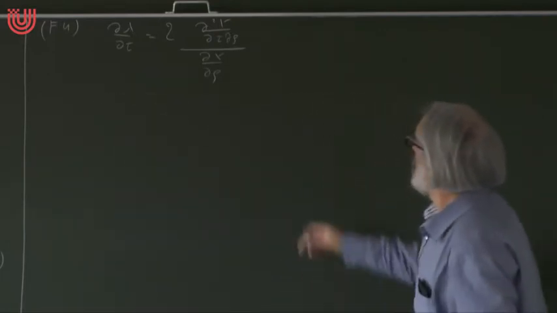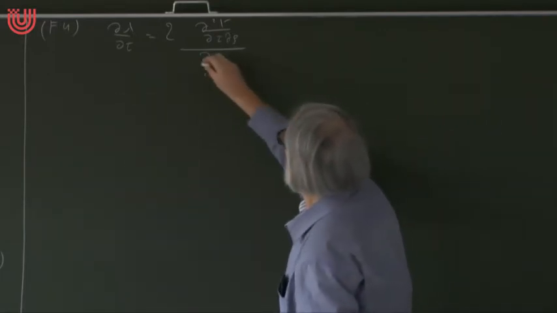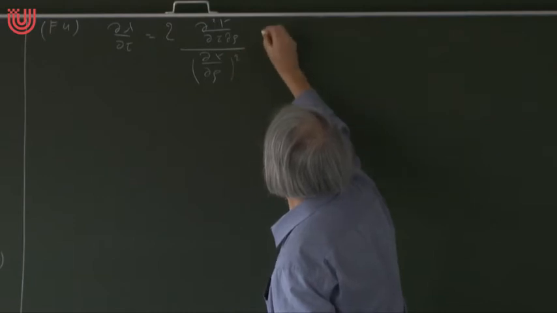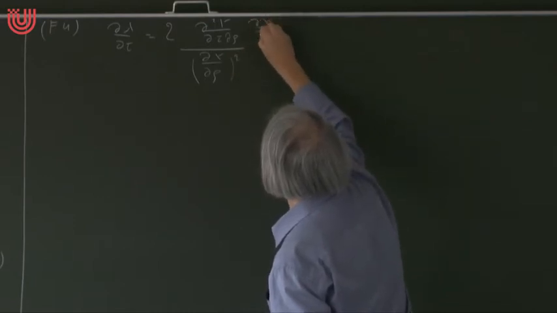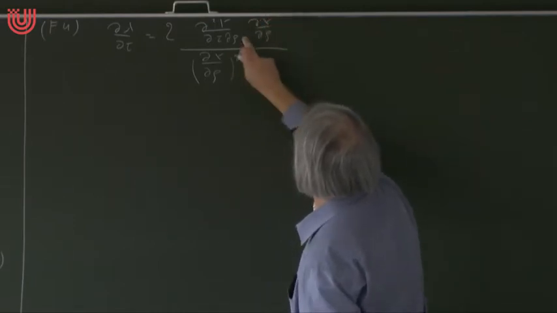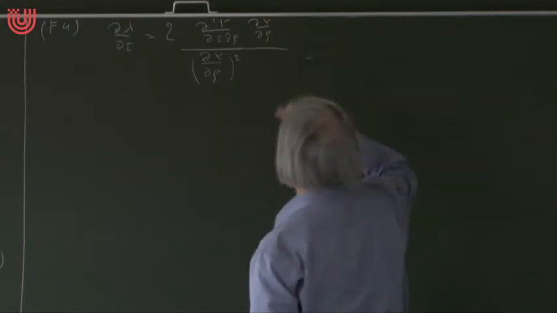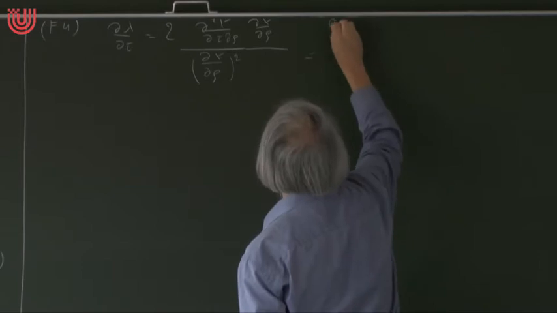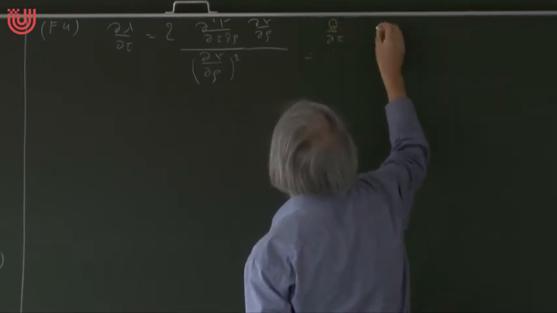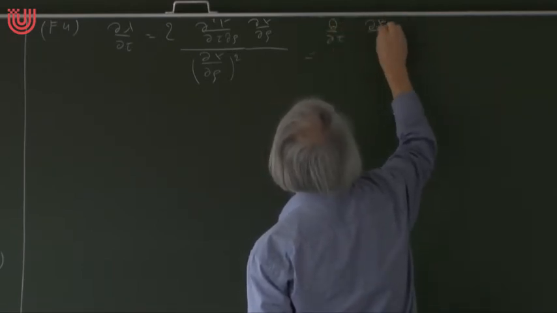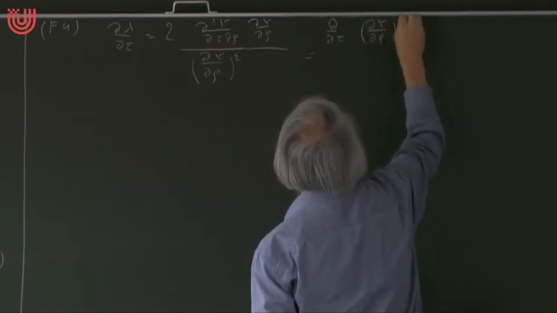You see, if we multiply this expression with dy by d rho, then we get a derivative in the numerator. Now it is just a derivative calculated with the product rule. It's a derivative d by d tau of dy by d rho squared.